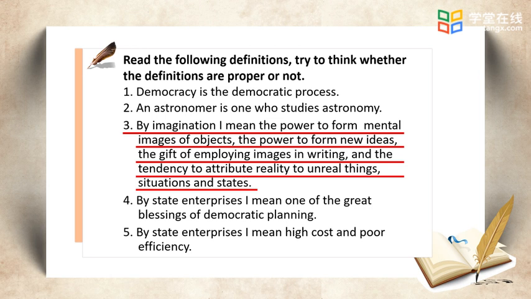The readers may be confused with the meaning of these abstract terms, such as power, gift, and the tendency themselves, so they won't be clear with the author's definition of imagination either.